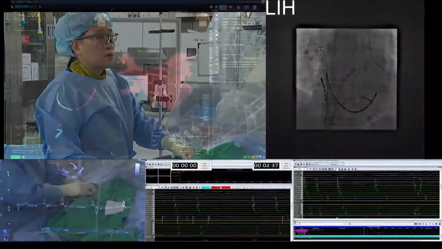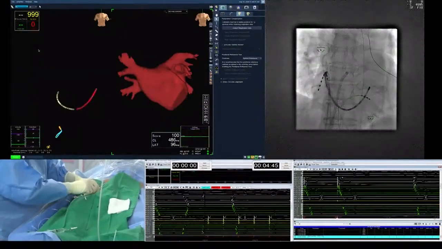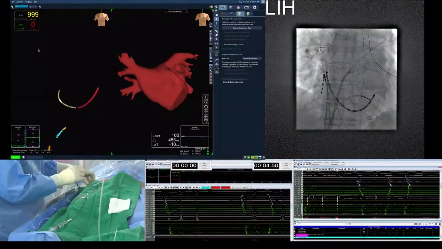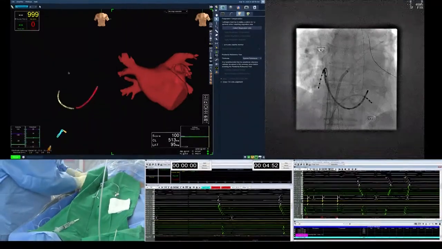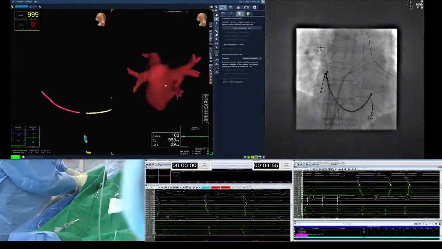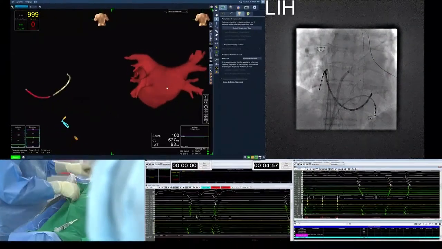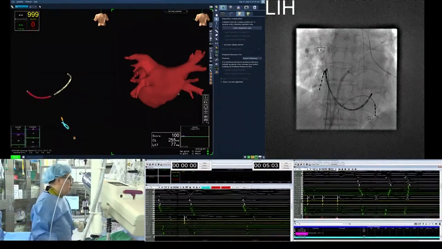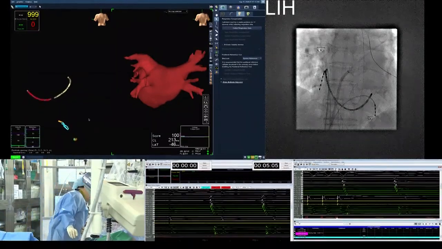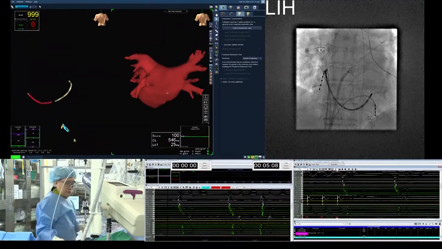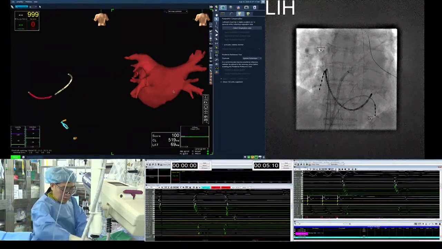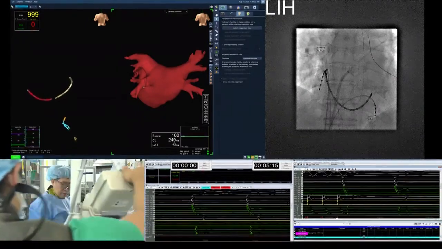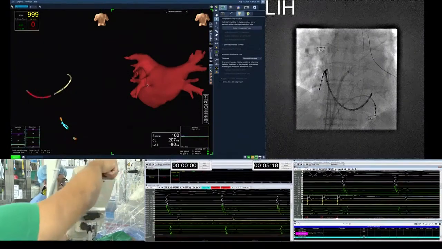Even though we are using a 3D mapping system, I always do a contrast media injection and make a good LA angio view in AP view and RAO 35-degree view, and put this angiogram beside the 3D NavX image. I check my ablation catheter position from time to time by comparing this angiogram with the real-time fluoroscopic imaging.